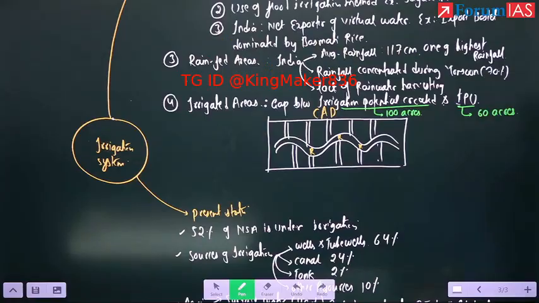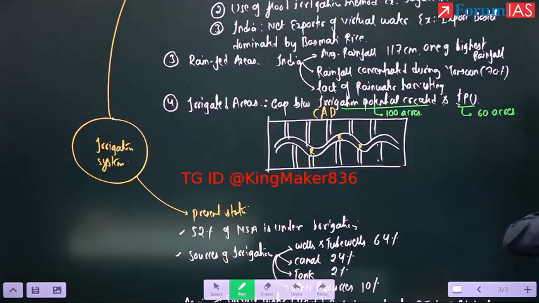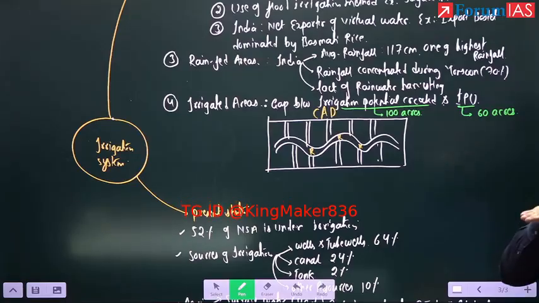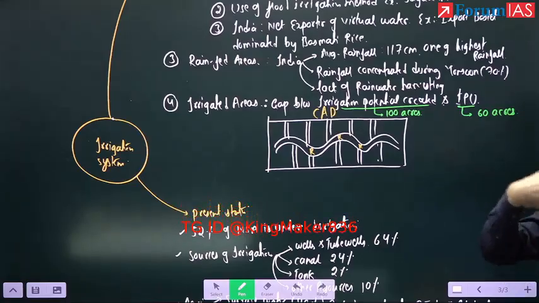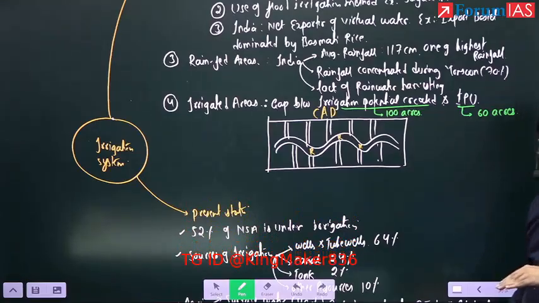What is siltation? The canal is carrying water all the time, and along with the water, it is also carrying sediments at the bottom of the canal. Over a period of time, there will be heavy deposition of sediments at the bottom of the canal, because of which the ability of the canal to carry more water will reduce.